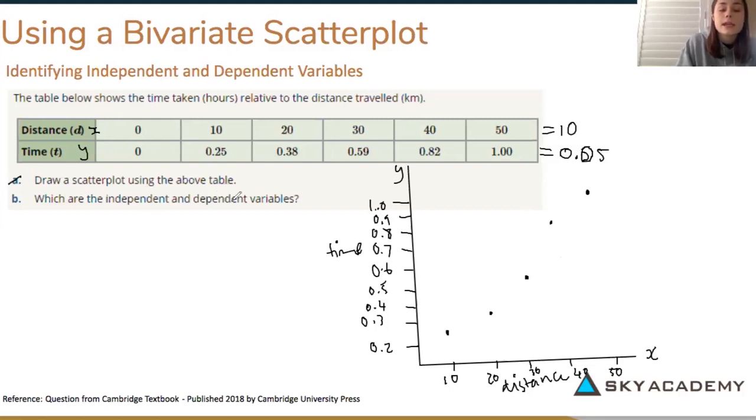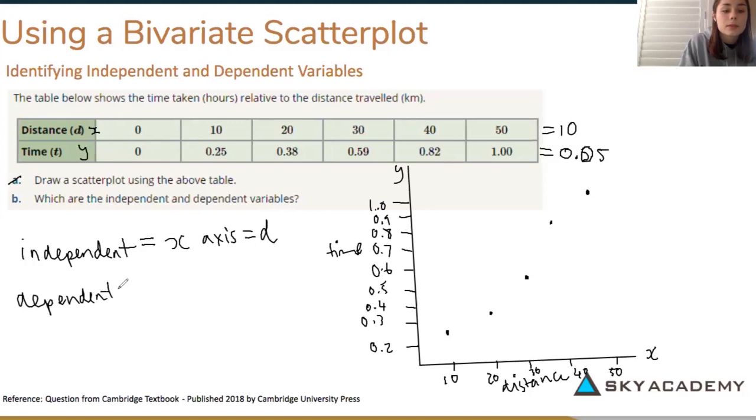Which are the independent and dependent variables? Independent is always the x-axis, and in this case that is distance. And our dependent is always the y-axis, which in this case is time.